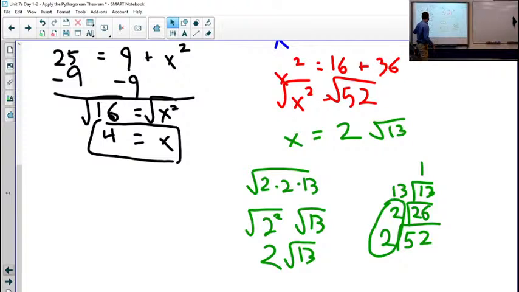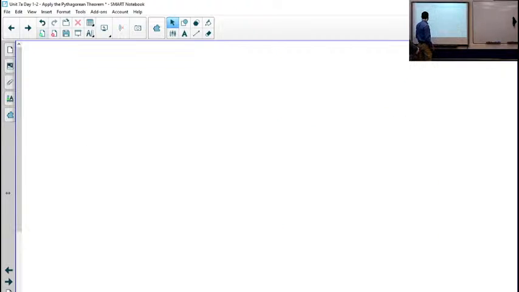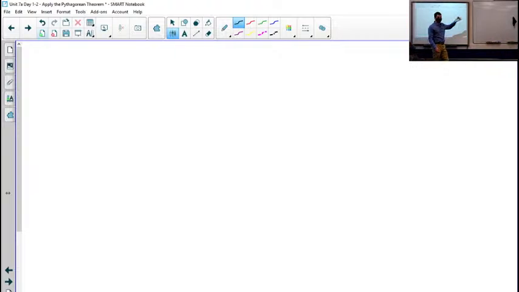Let me give you another one to try to work through understanding this process. So flip to kind of the back page, and we'll do 1 or 2 of these as we go along here.